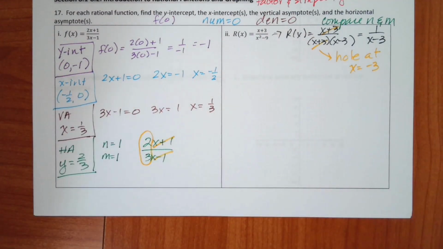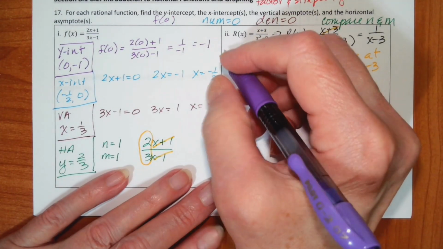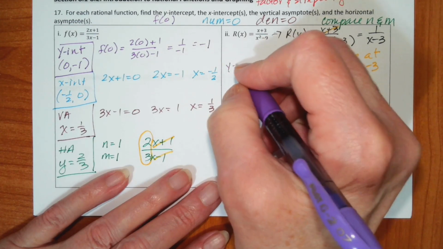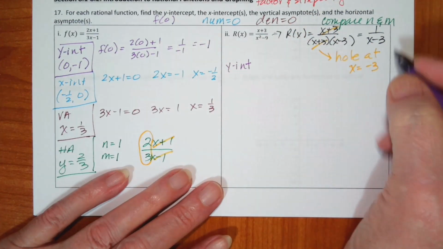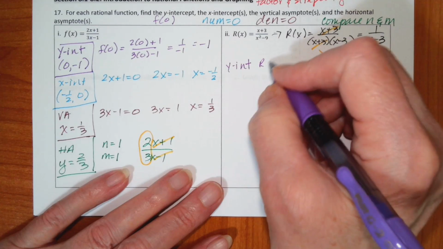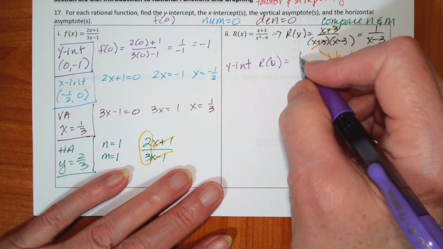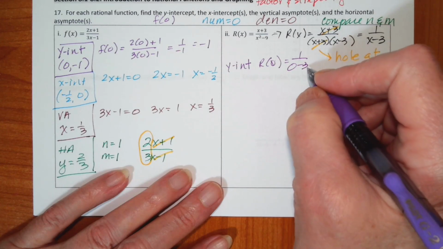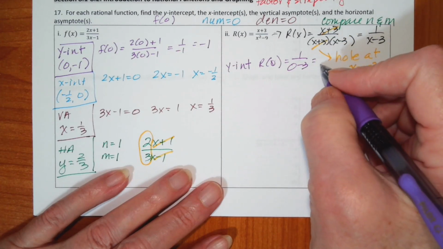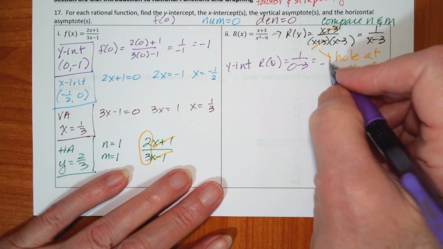Okay, so for my y-intercept, I find r of 0, which is 1 over 0 minus 3, which is negative 1/3.